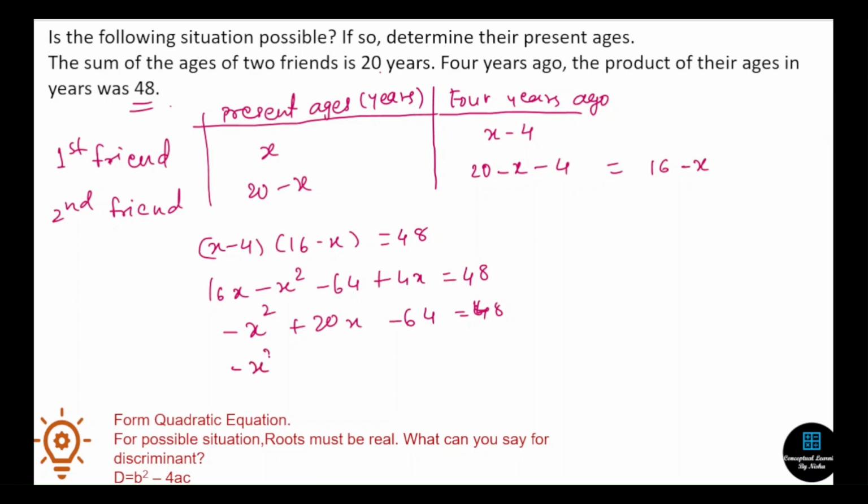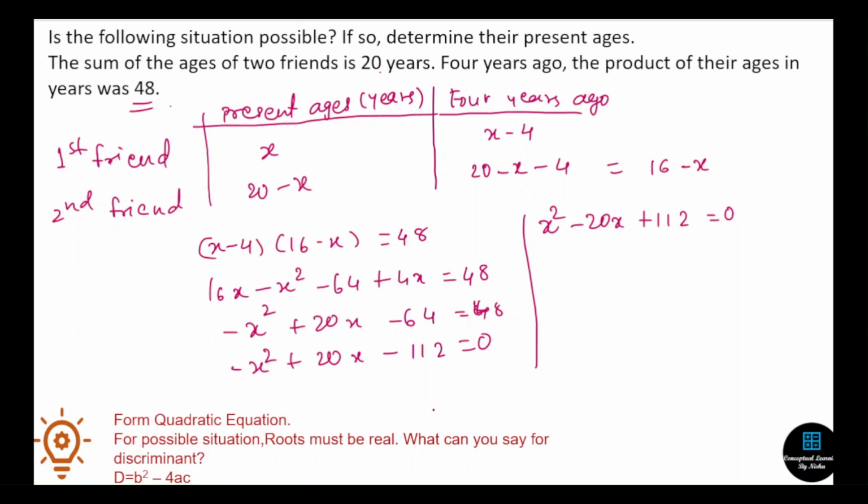So I'll get minus x square plus 20x minus 48 minus 64, which gives me minus 112. I'll multiply all the sides by minus 1. So I'll get x square minus 20x plus 112 equals 0.